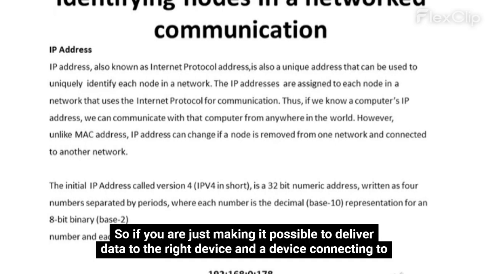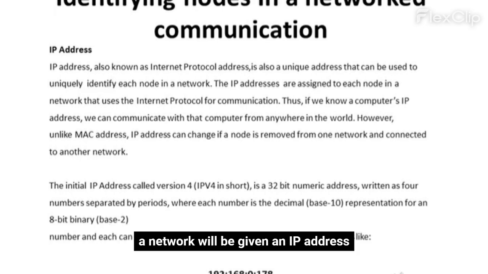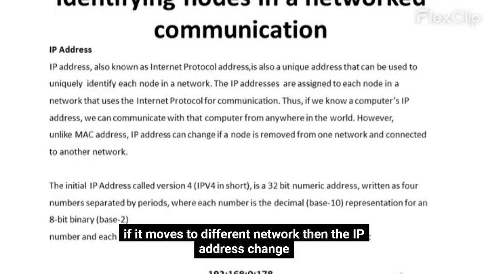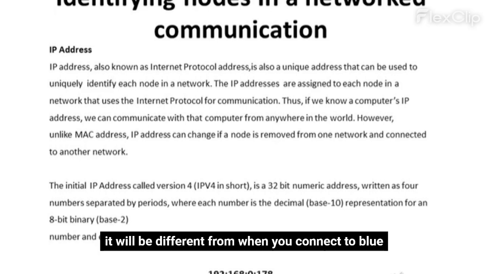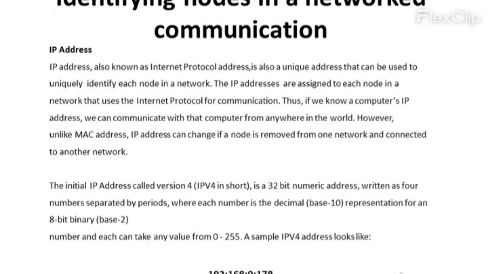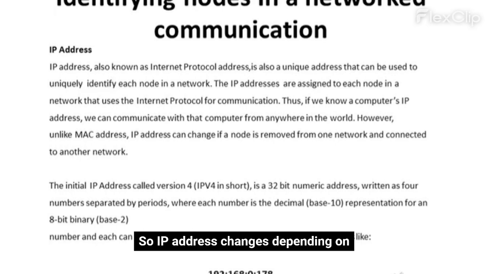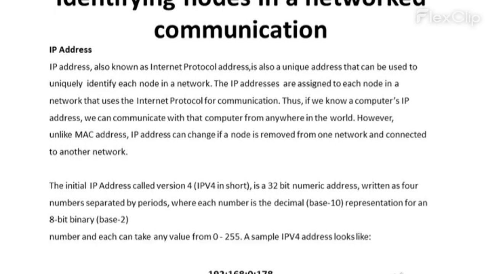IP addresses make it possible to deliver data to the right device, and a device connecting to a network will be given an IP address. If it moves to a different network, then the IP address changes. That's why when you connect to MTN, check your IP address; it will be different from when you connect to Glo. So an IP address changes depending on the network.